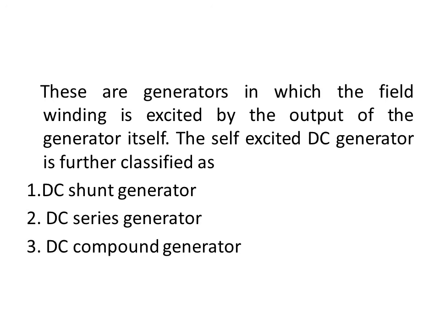So there are two types. First, the separately excited DC generator, where the field windings are excited by an external DC supply. Second, the self-excited DC generator, where the field winding is excited by the output of the generator itself. There are three types: shunt generator, series generator and compound generator.